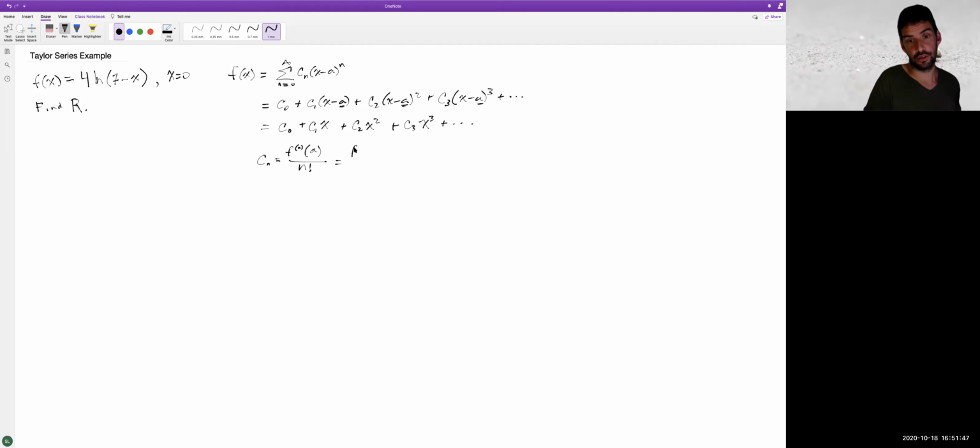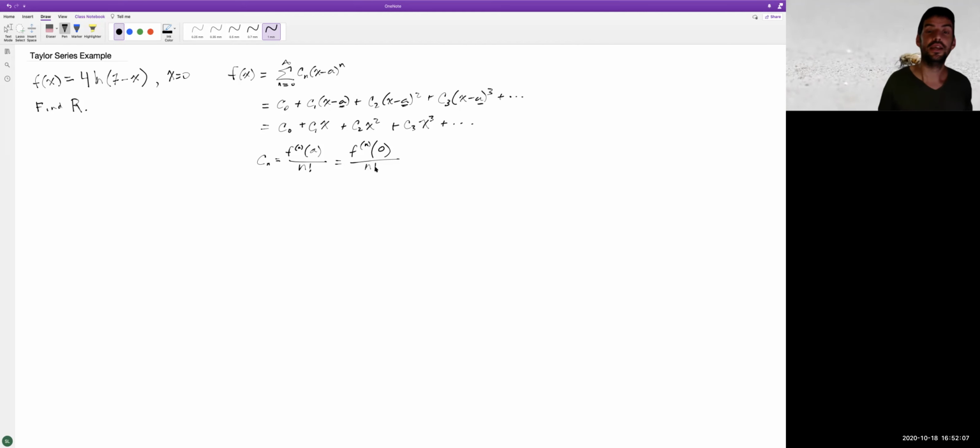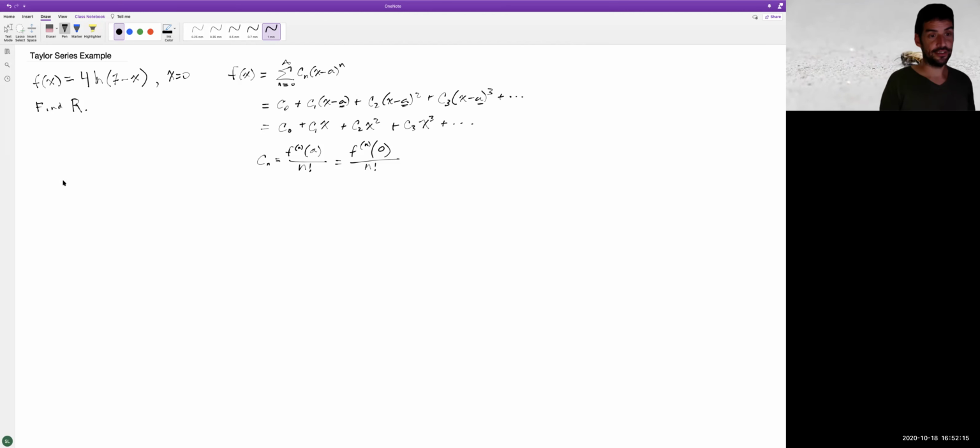So for us, it's going to look like this. That's what each of these are. Meaning we find those derivatives, we evaluate them at 0, we divide by n factorial. We divide the 0th derivative by 0 factorial. The 0th derivative is just the function. The first derivative at 0, we divide by 1 factorial, the second derivative by 2 factorial, and so on and so on. So what that means is we want to compute derivatives.